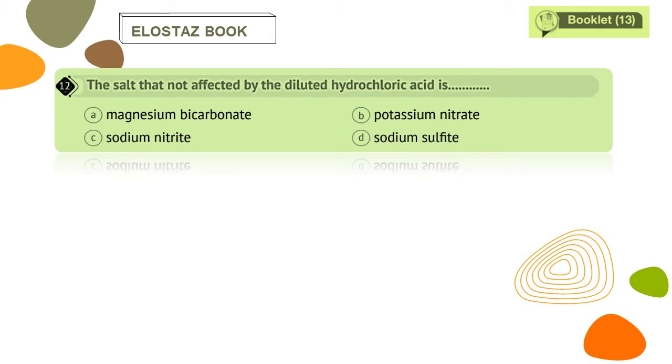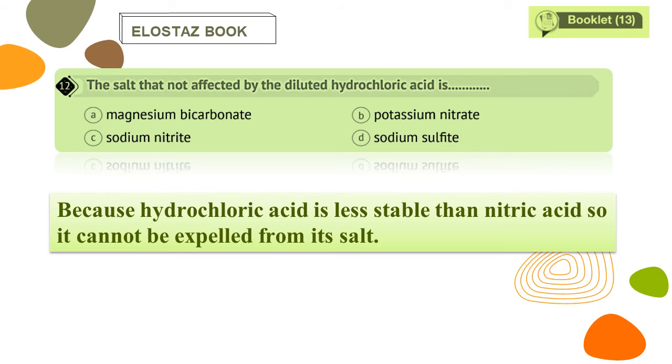Okay, we have here the choices: diluted hydrochloric acid does not affect the strong salt, it will give no reaction. It will be less active than the salt that we have.